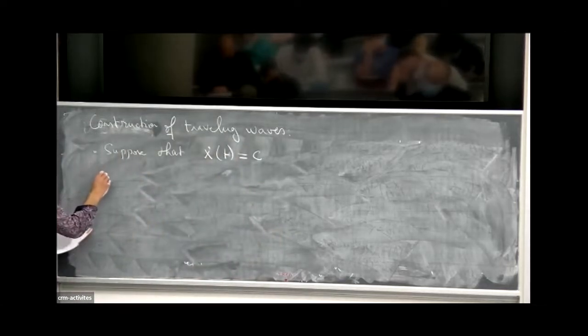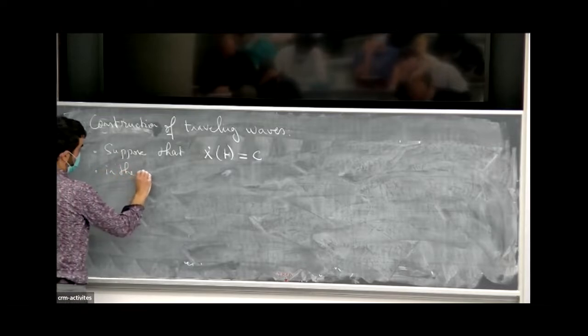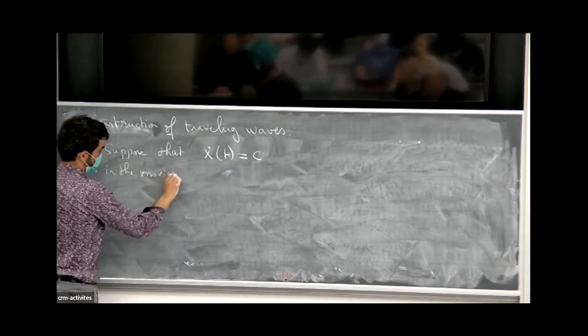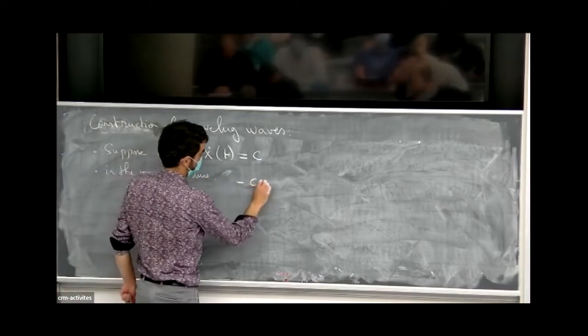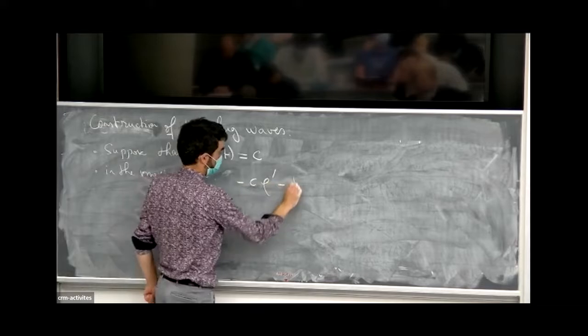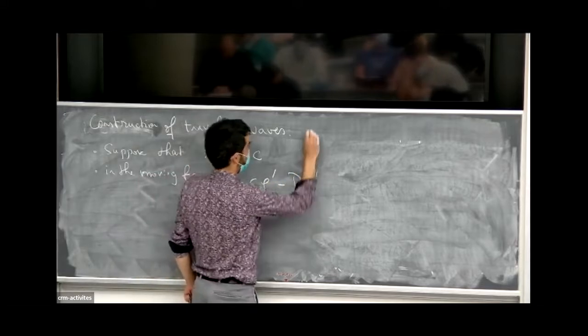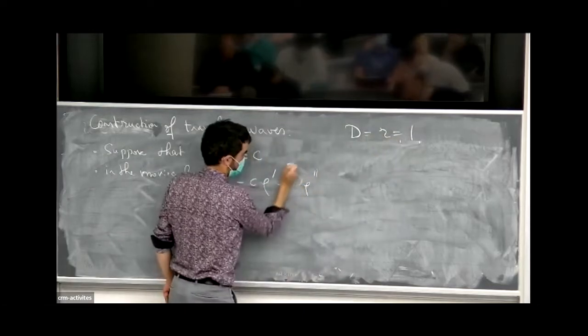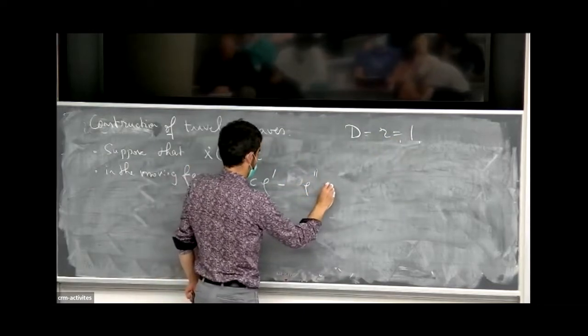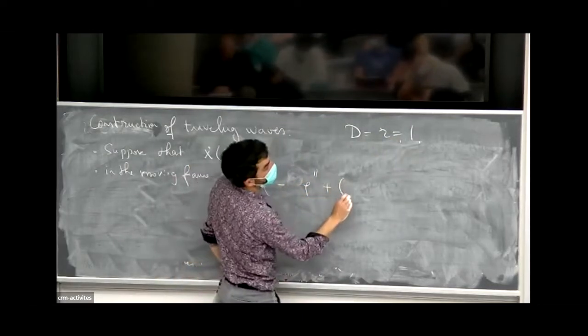Now it's a moving frame. What I have is the usual equation. Let me put D_r equal to 1, otherwise I will have too many terms and I will certainly make some mistake.